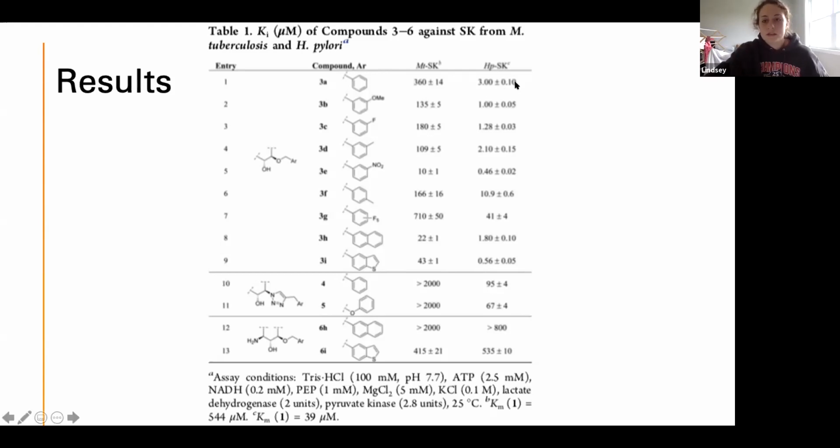So you want the smallest number possible. You can see that even with the MTSK, all of the numbers are pretty large. But with the HPSK, you can see that they are smaller, specifically 3I is super, super small, and so is 3E. And they said that those were the two most potent inhibitors.